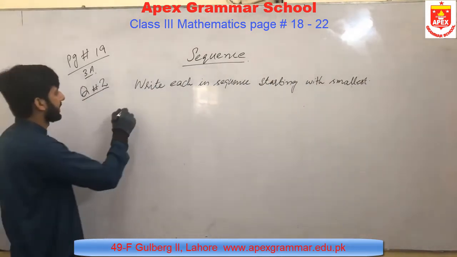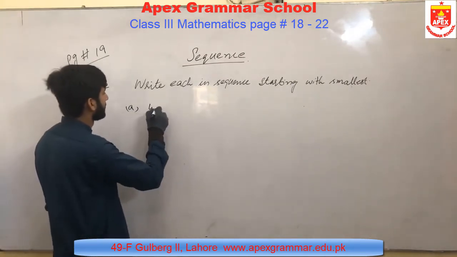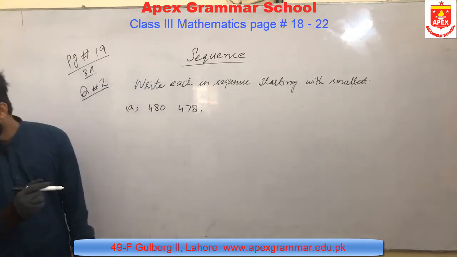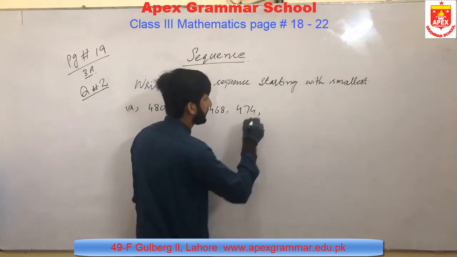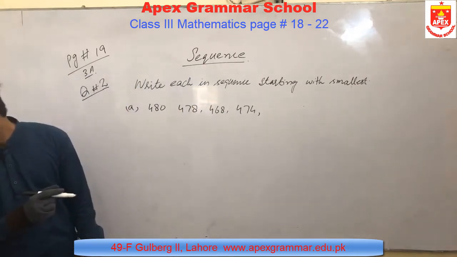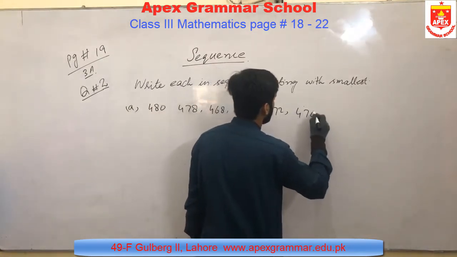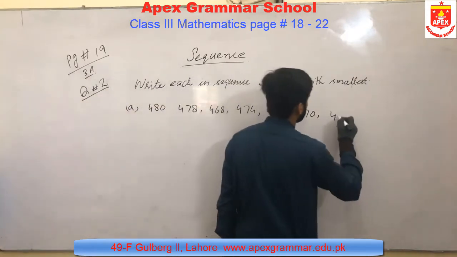First is A part: 480, then 478, then 468, 474, 472, 470, and the last one is 476.